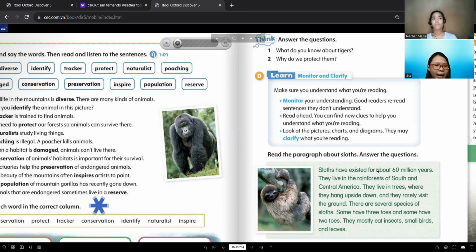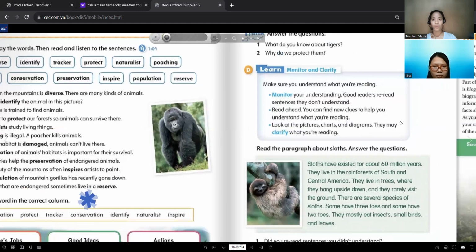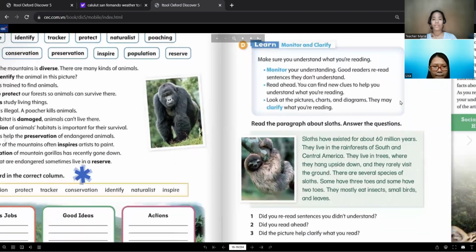It eats some animals that are bad for nature, like snakes. Okay, that is your idea. Later on we will study this and discuss it on the next page. That's a good idea. Okay, let's move to letter D first.